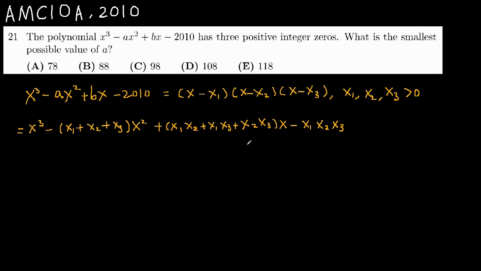So we know x1 x2 x3 has to be equal to 2010, and the sum is a.